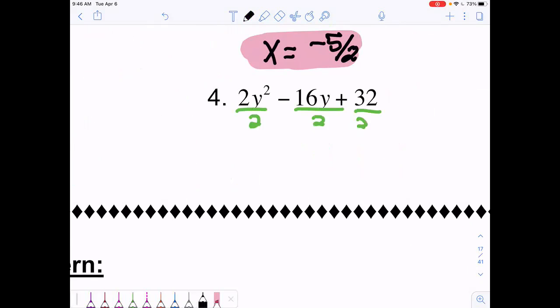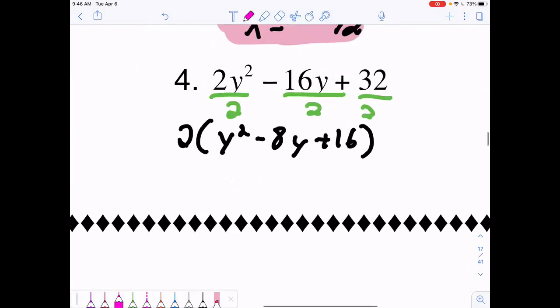When we do so, we get 2 times y squared minus 8y plus 16. From here, we're going to do our AC method. You get the factors of 16: 2 and 8, and then 4 and 4.